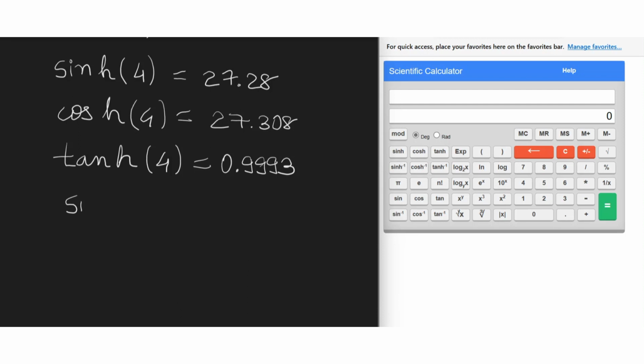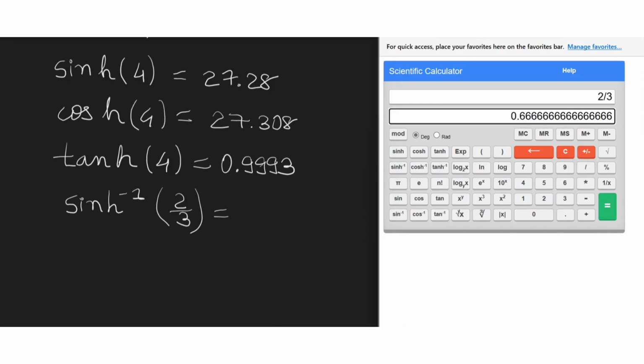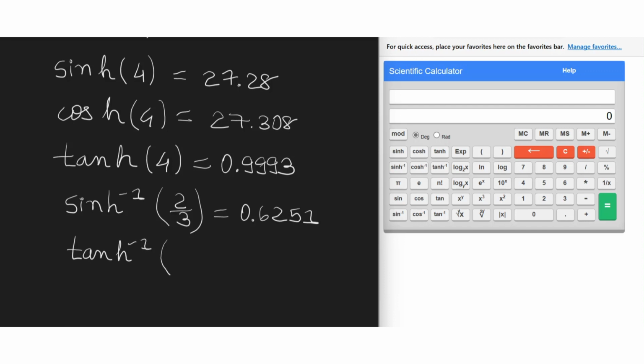Then I want to find some inverse hyperbolic functions, like sinh inverse of 2 by 3. I'll type 2 divided by 3, equal to, and then press the sinh inverse. So we get 0.6251. Now I want to find tanh inverse of 5 by 6.